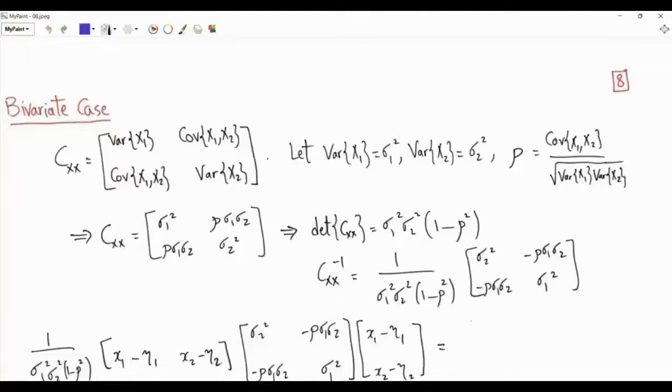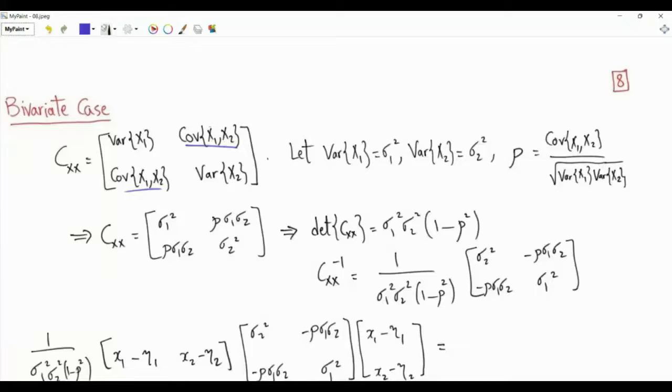This is the special case, which is the bivariate case. If we have just two random variables, x1 and x2, in this case the covariance matrix will be a 2 by 2 matrix. The main diagonal elements, and this is general, will be the variances, and the off diagonal elements, because we just have two random variables, will be the covariance of x1 and x2.